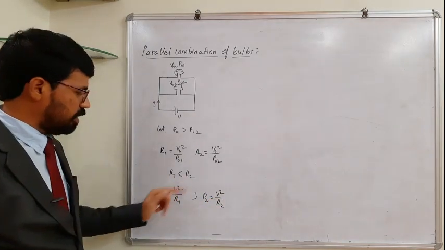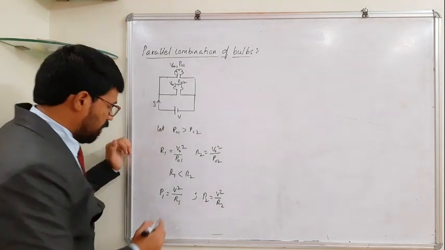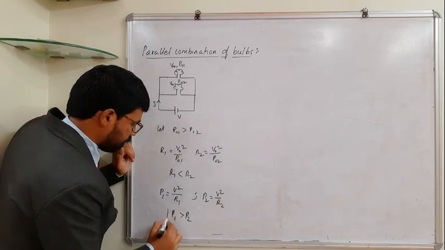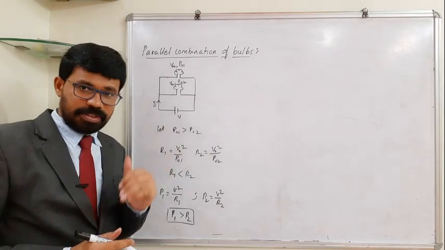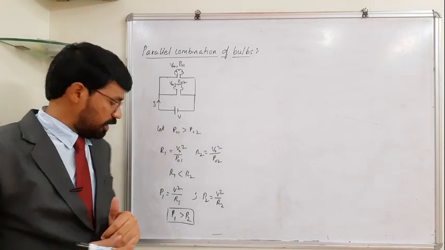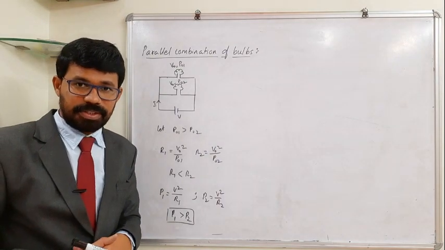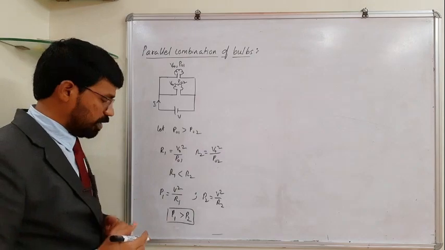Since R1 is less than R2, R1 is smaller and R2 is larger, so P1 will be greater than P2. Unlike in the previous case, where if resistance is less, power consumption is less, here if resistance is less, power consumption is more.